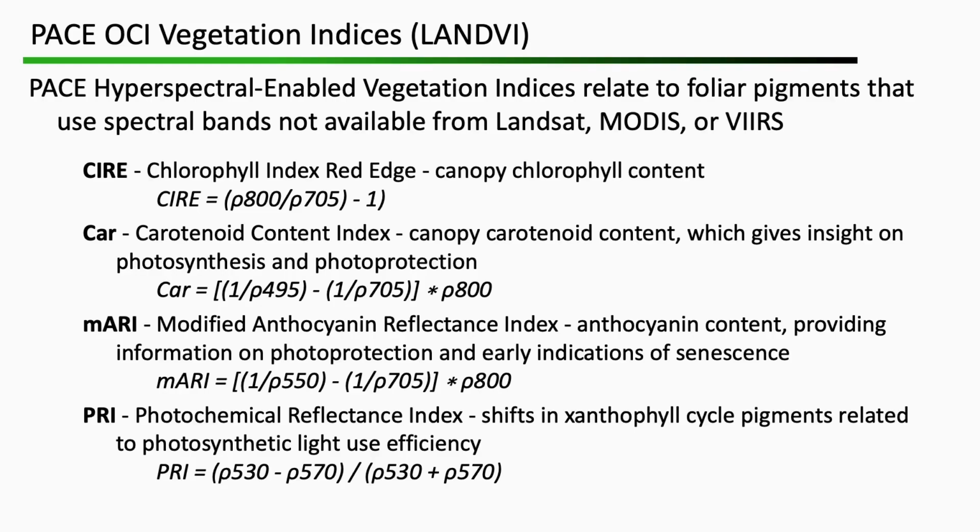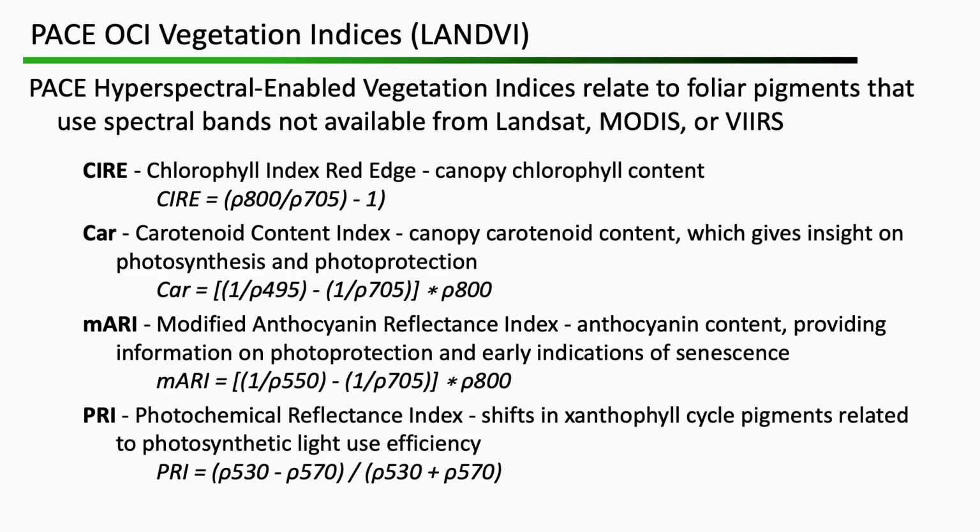The carotenoids are yellow pigments. When you see leaves turn yellow in the fall, that's the carotenoids. Carotenoids are used in leaves for photoprotection and can also enhance photosynthesis by absorbing energy in spectral regions that chlorophyll doesn't.